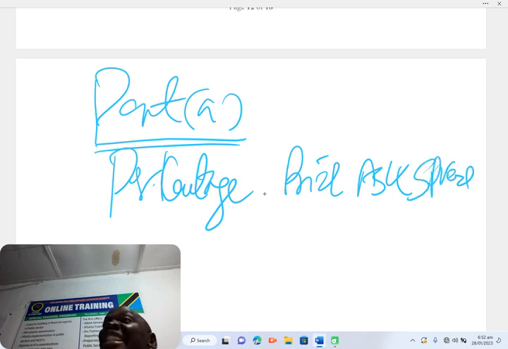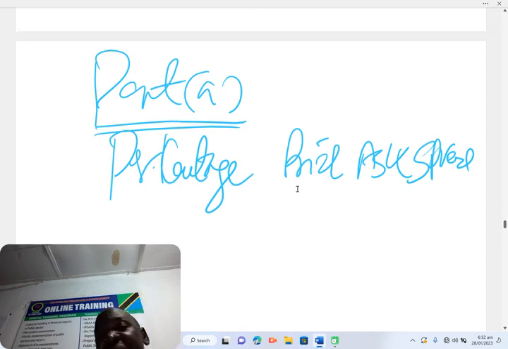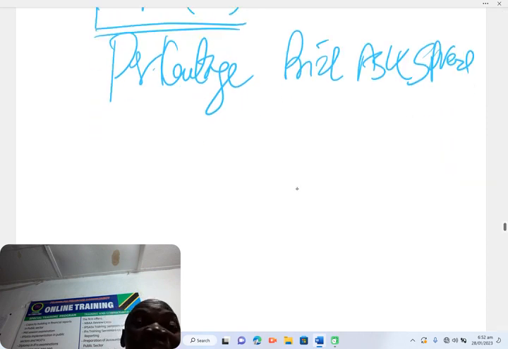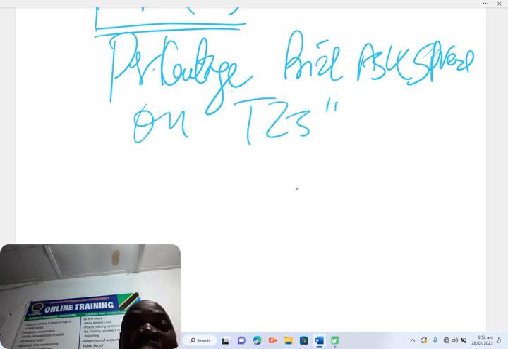This is the margin on selling which currency? On TZS. You must be clear on what? TZS, I could put on South African rand. So when you say on TZS, it means TZS is a trading currency, and therefore it must be quoted direct to South African rand. And he's using what?